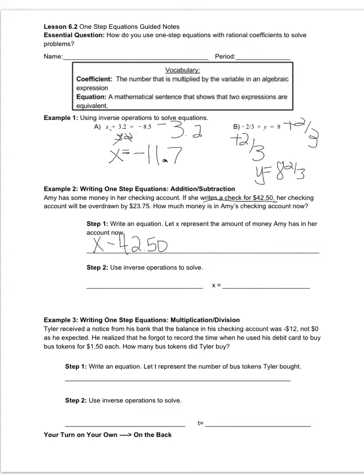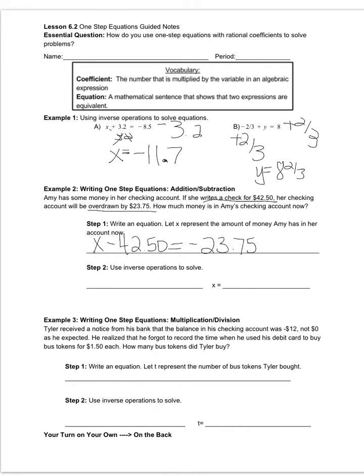And when she does that, her balance is overdrawn by $23.75, which means she's in the hole, or she owes the bank that. So that is a negative 23.75. Now to solve this, I have to use the inverse operation.